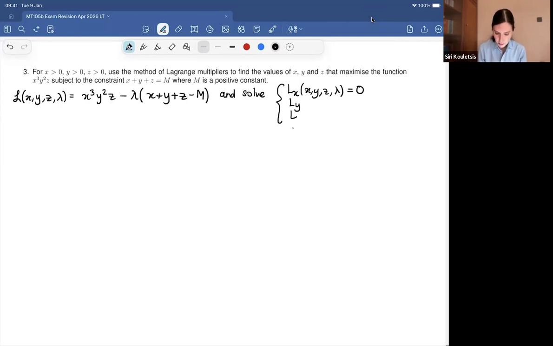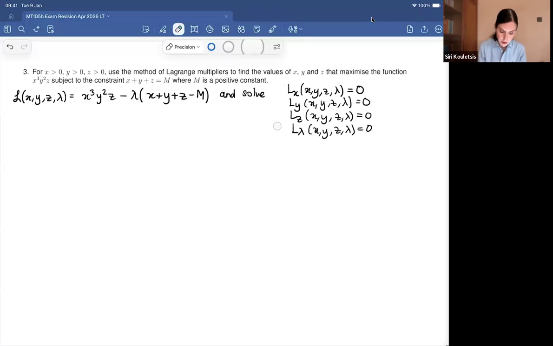So similarly now, we have the other first order partial derivatives of the Lagrangian. So this is the simultaneous system we need to solve.